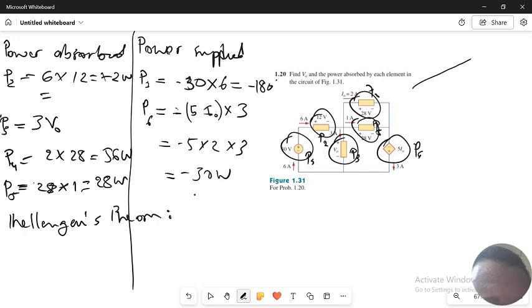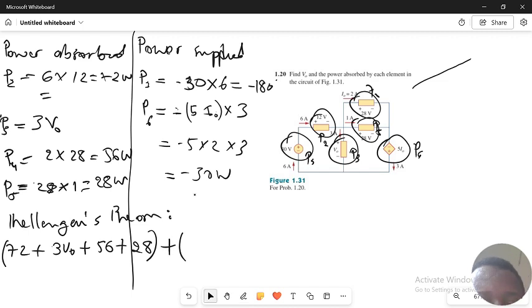It is stated as the summation of the power absorbed, which I have as 72 plus 3V0 plus 56 plus 28, plus the summation of the power supplied, minus 180 minus 30, has to be equal to 0.